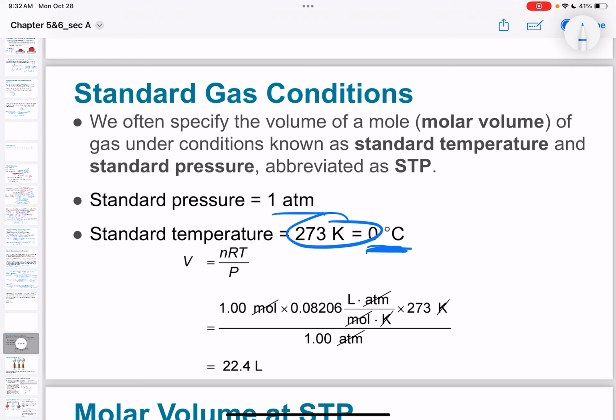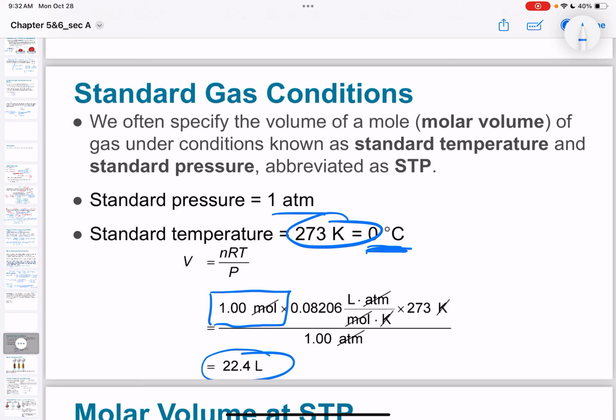Okay. Now, for any mole of gas, it doesn't matter what the type of gas it is, for any 1 mole of gas at standard temperature and pressure, the volume that we would calculate from PV equals nRT is 22.4. So why is this so interesting?